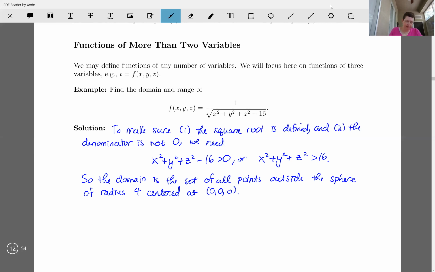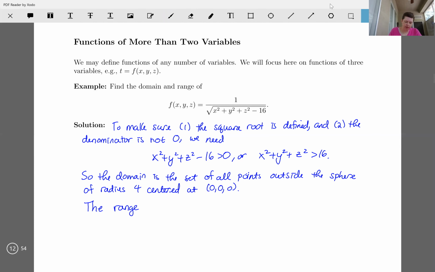The range, well, we can see that since the denominator is greater than 0 and the numerator is 1, which is greater than 0, the range is going to be the set of all positive real numbers.